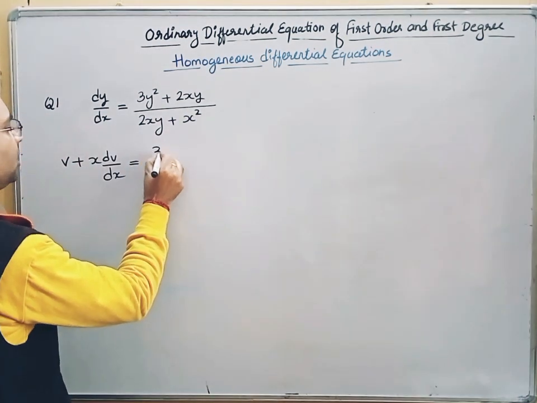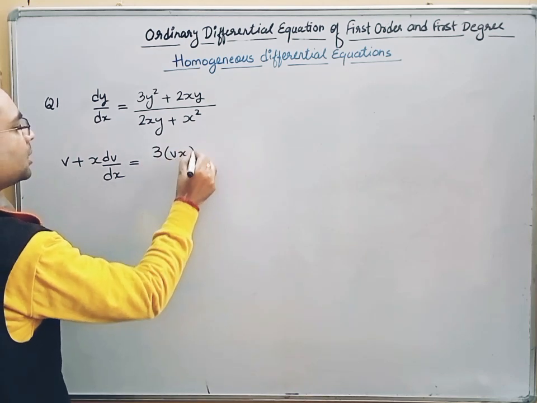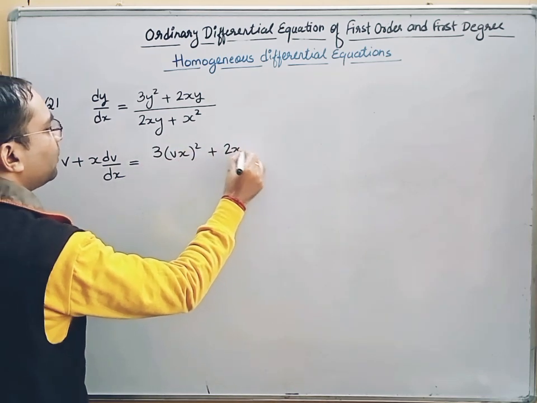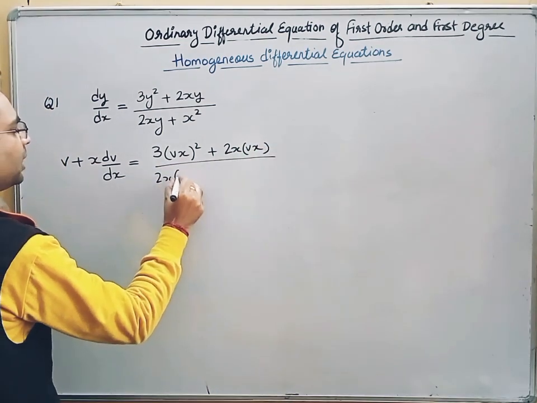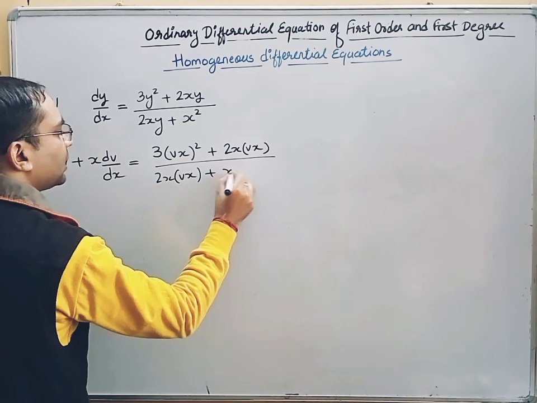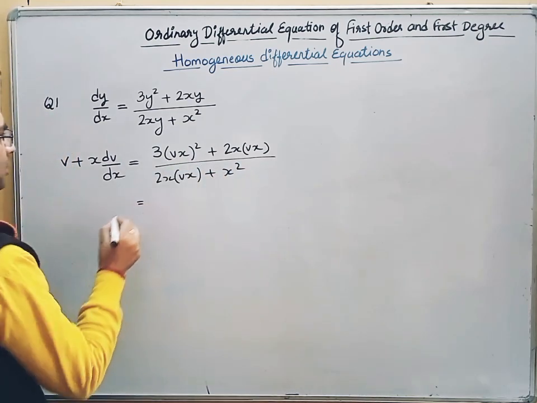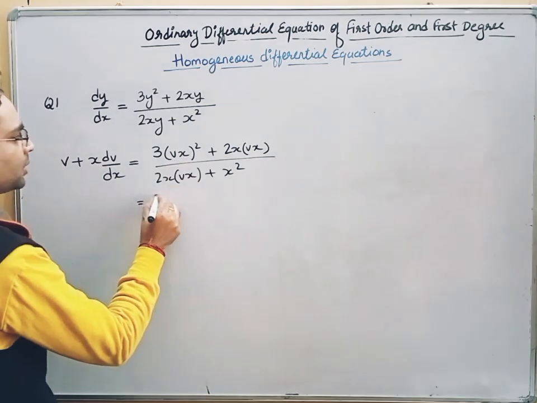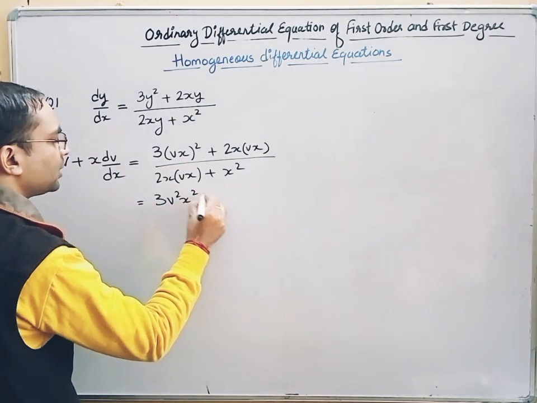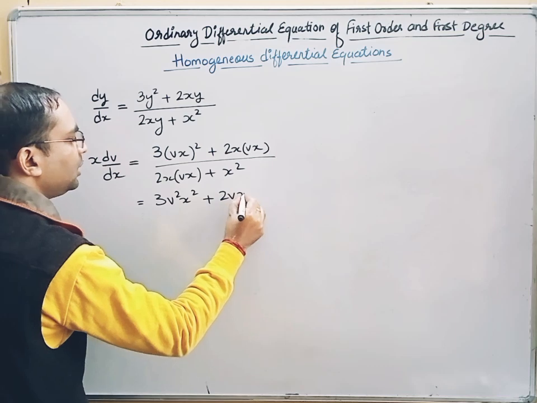Right hand side, this will be 3 times vx square plus twice of x times vx, divided by twice of x times vx plus x square. So let's take this common x square: this is 3v square x square plus 2v x square.